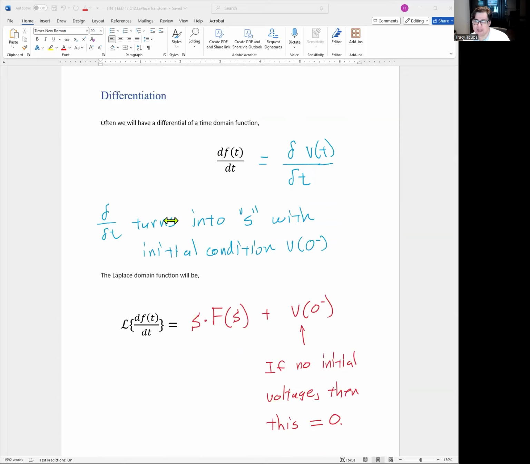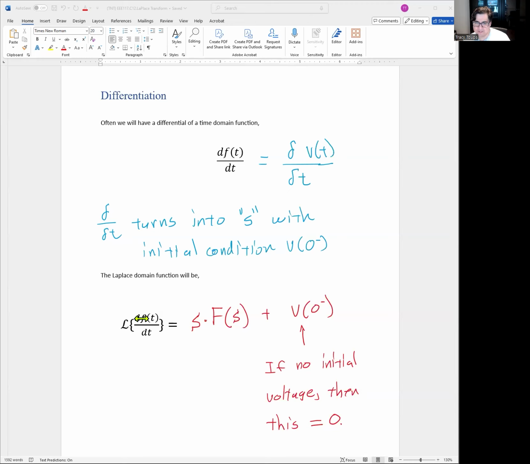For swapping it over to the frequency domain, the Laplace transform, all d over dt's can be taken out of the integral, out of the function, and multiplied by s. That's the equivalent. The d over dt in the time domain is literally multiplied by s in the frequency domain. So for example, the Laplace of df over dt would equal literally s times F of s.